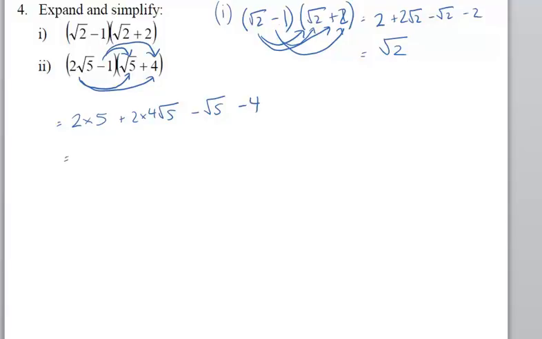So here 2 times 5 is 10, plus 2 times 4 is 8, square root of 5 minus the square root of 5 minus 4. Here, so 10 minus 4 leaves us with 6. 8 lots of square root of 5 minus 1 lot of square root of 5 leaves us with 7 square root of 5 there.